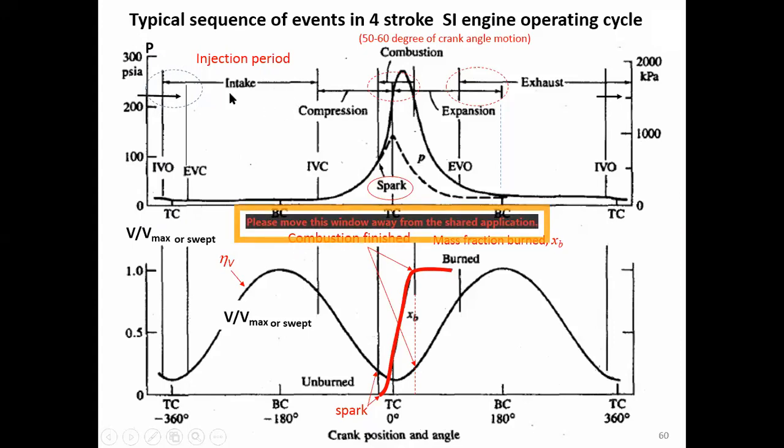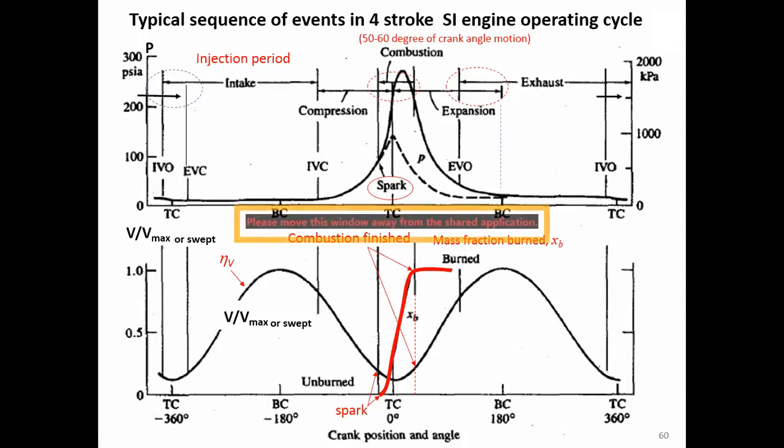Okay, so let's first look at the top chart here. Start with IVO. IVO stands for inlet valve open. So at this position, the inlet valve starts to open. It opens when the piston is moving up near the top dead center.